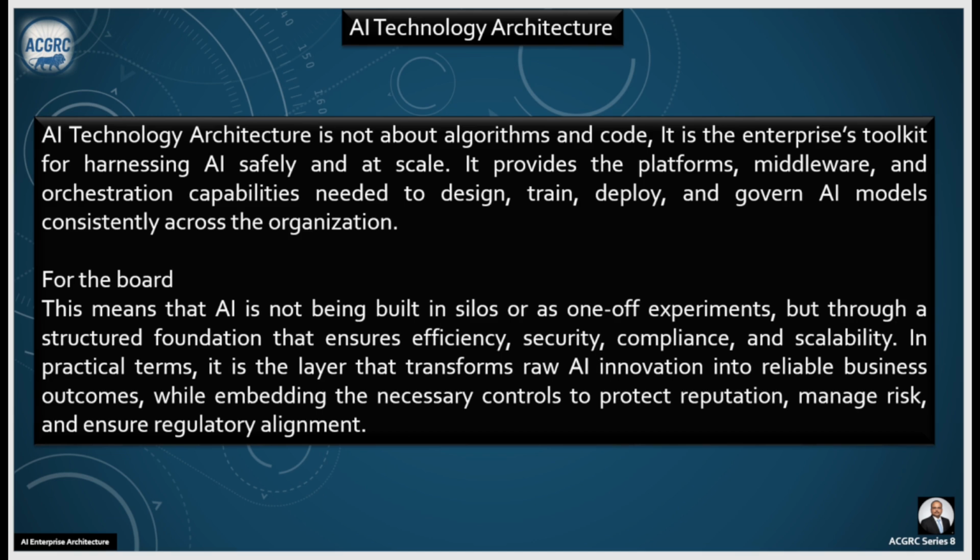In practical terms, it is the layer that transforms raw AI innovation into reliable business outcomes while embedding the necessary controls to protect reputation, manage risk, and ensure regulatory alignment.